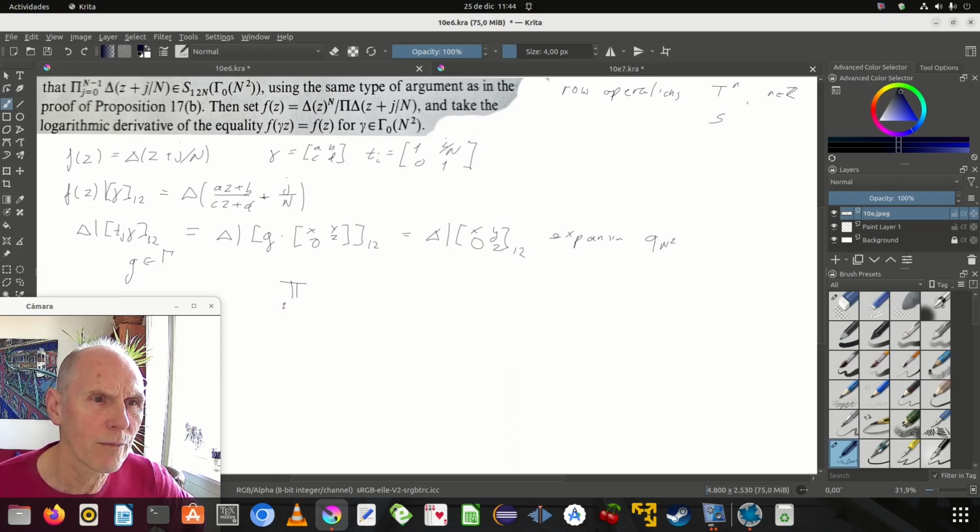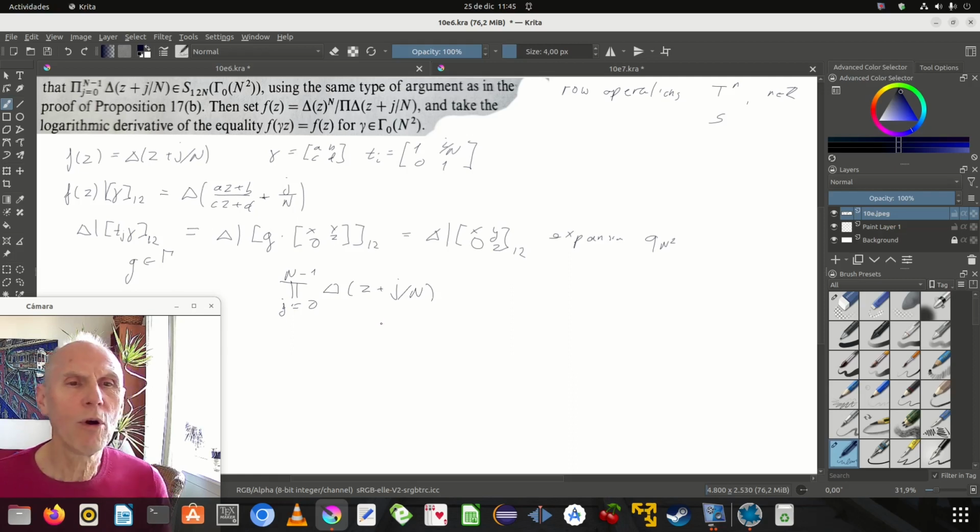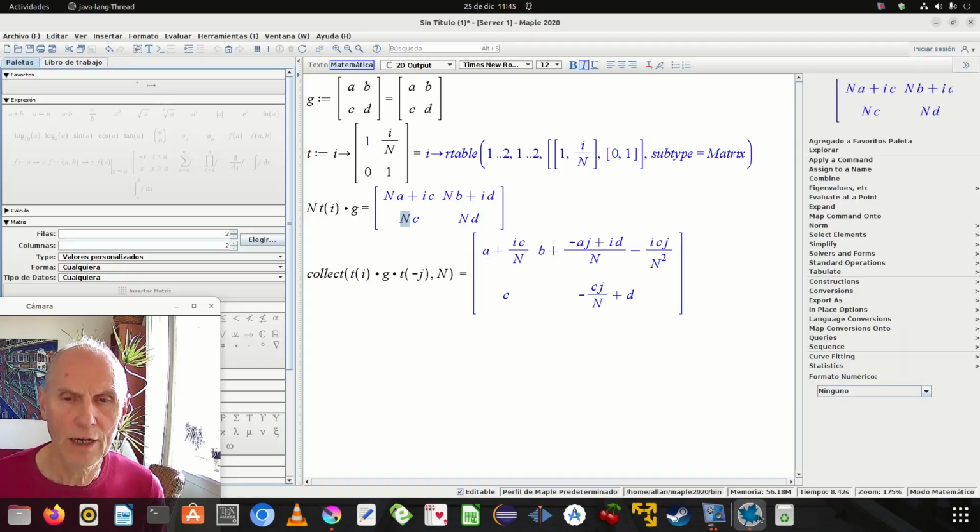Product, J from naught to n minus 1, delta, now we have the form of the translation, and the point is the formula on the bottom of page 128. I computed it in Maple.